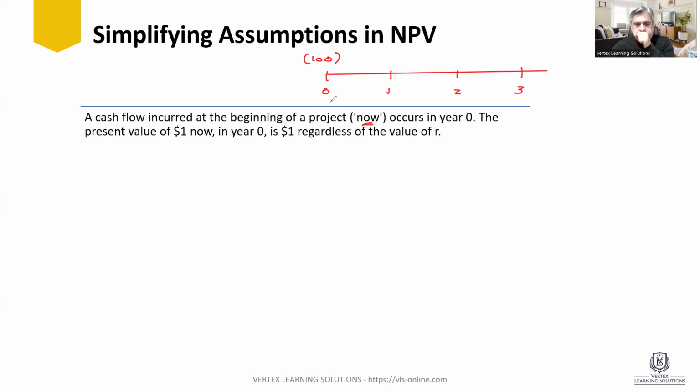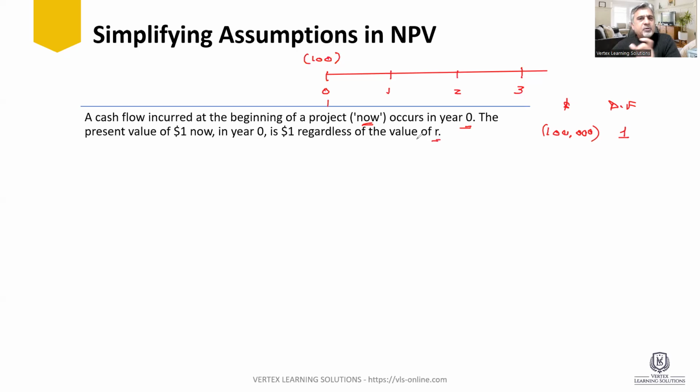So whenever you put this investment today, at the beginning of the project, you are putting it in year zero. And the discount factor of year zero is always 1. Always remember the discount factor. If I put here 100K today, this is my investment outflow. What is the discount factor? It will always be 1, whatever the WACC is.